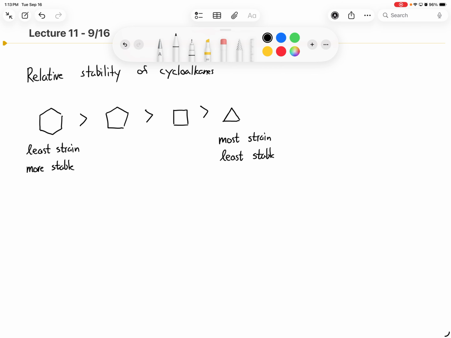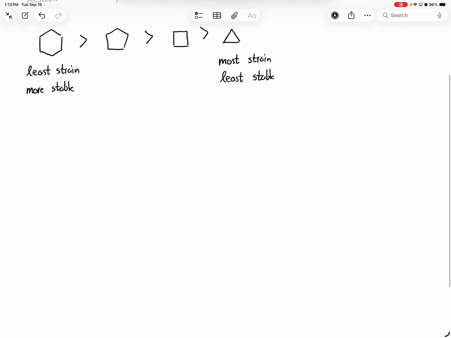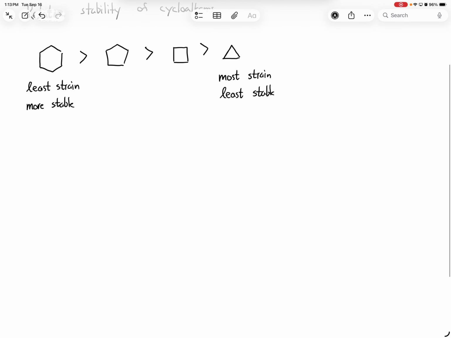Okay, so now we're going to talk one by one from most reactive to least reactive, each of these shapes in detail, okay? So let's start first with the most reactive and the simplest ring, cyclopropane. Okay, cyclopropane, its reactivity is kind of shown by its shape, but its shape can be misleading.